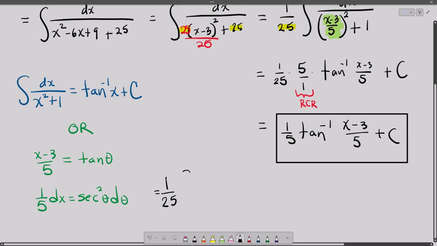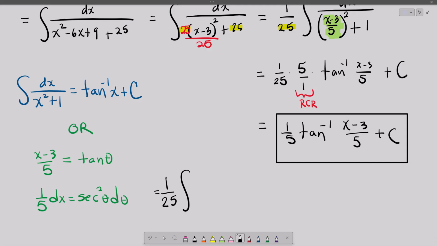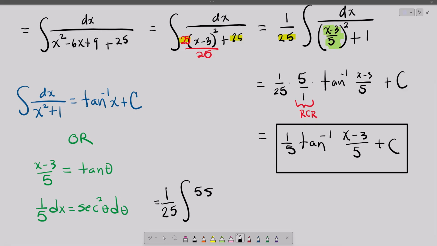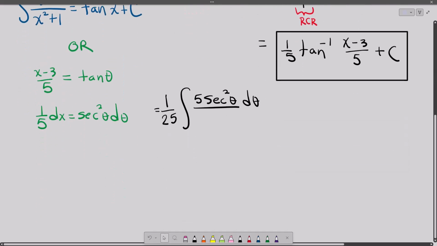Now when you do your substitution, the dx in the numerator will be 5 secant squared of theta, and the denominator will be tan squared plus 1. But what is tan squared plus 1?